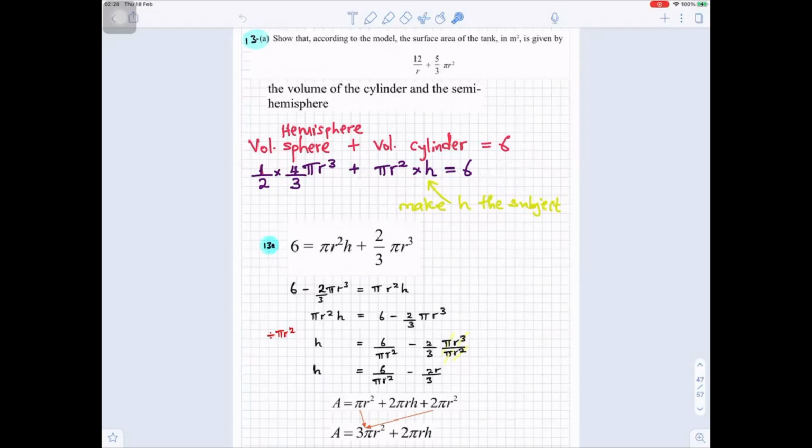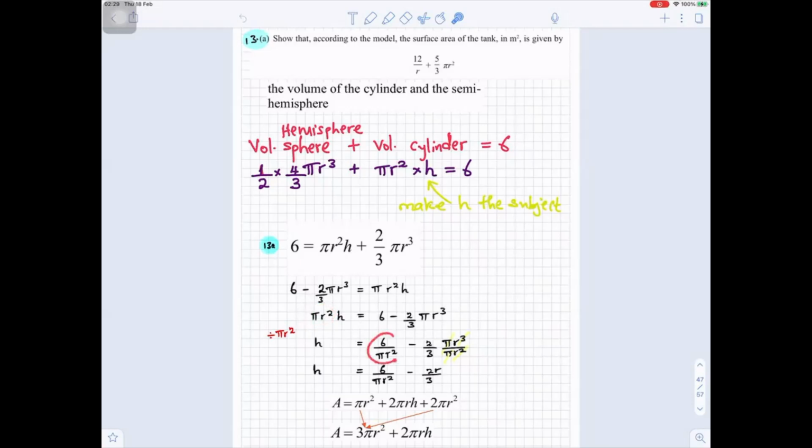We make h the subject. So we take 2 over 3 pi r cubed to the left. It becomes 6 minus 2 over 3 pi r cubed is equal to pi r squared h. Since pi r squared h is equal to that, we want to divide by pi r squared.